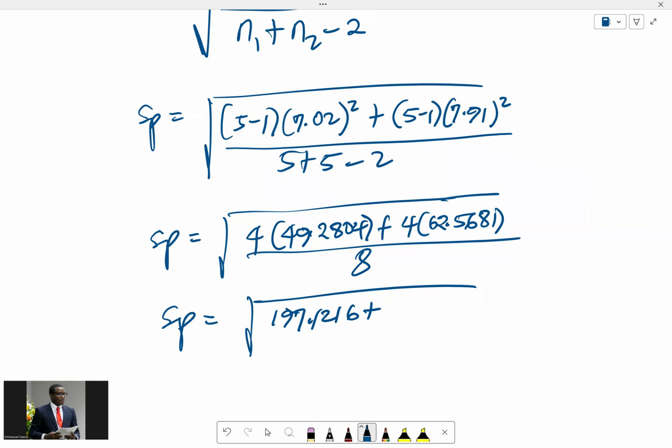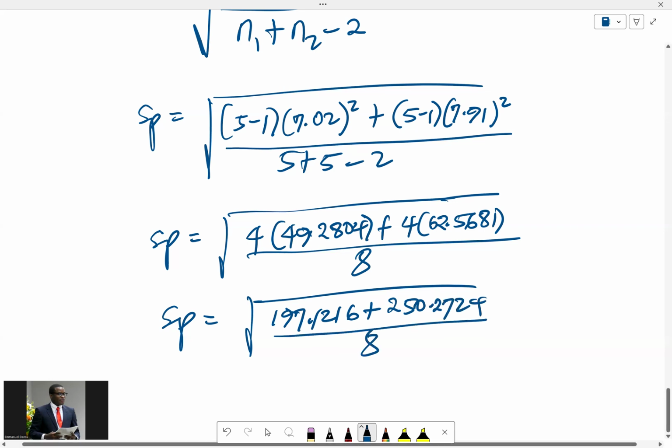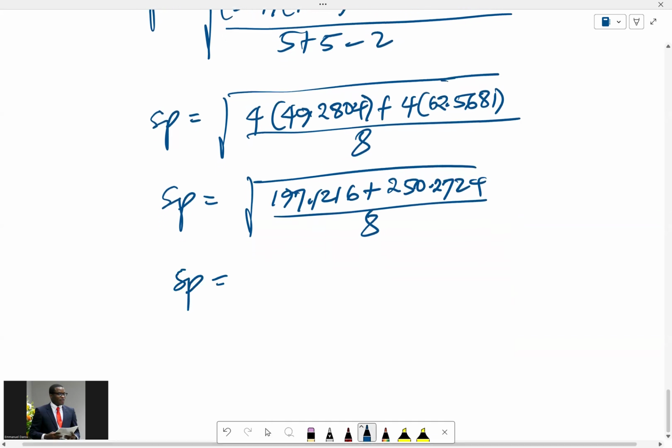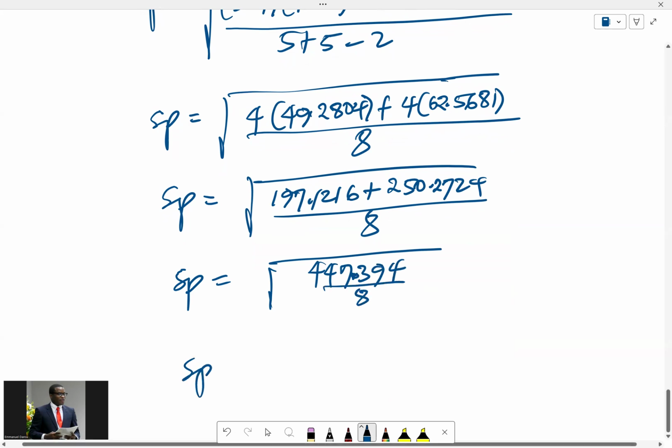That is 250.2724, all over 8. So SP, the pooled standard deviation now, is the square root of 197.1216 plus 250.2724, that is 447.394 divided by 8.